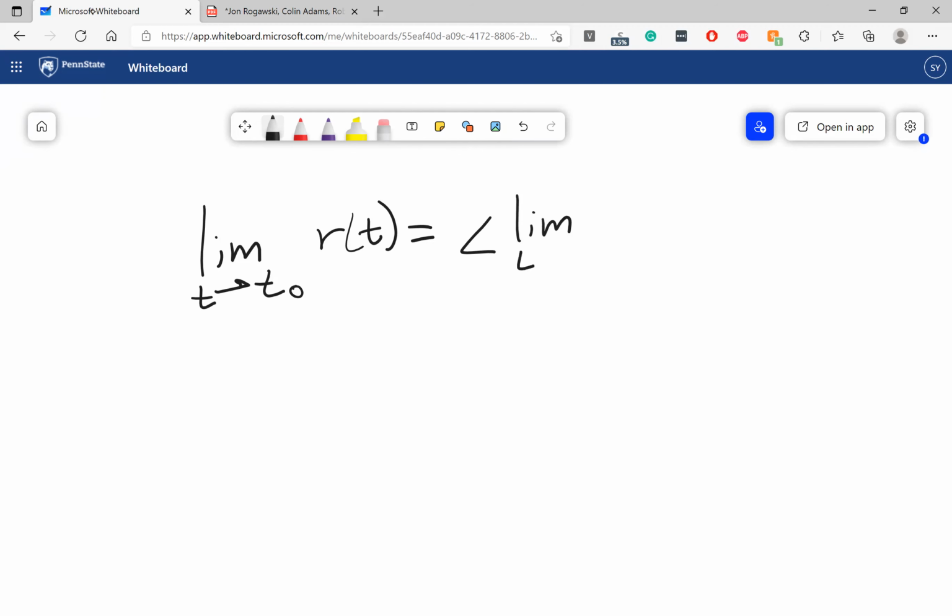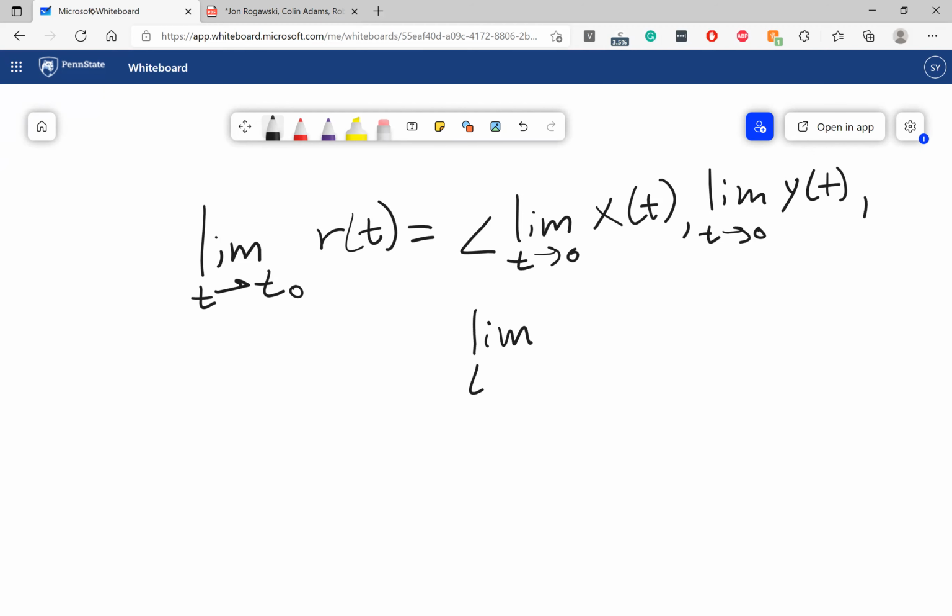So the limit as t goes to t0 of the x of t component, the limit as t goes to t0 of the y of t component, and the limit as t goes to t0 of the z of t component.